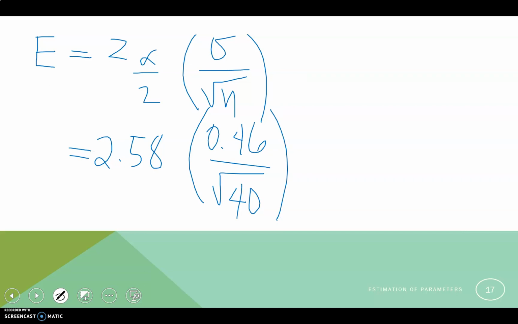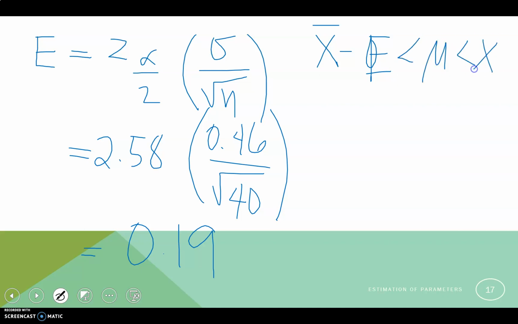Okay, so the result is, let us compute, 0.19. Okay, so we have the error 0.19. So, ang ato lang buhaton, i-plus minus lang nato ni siya gikan kang 3.3, which is our sample mean. So, x minus e, and then x, or sample mean, plus our e.